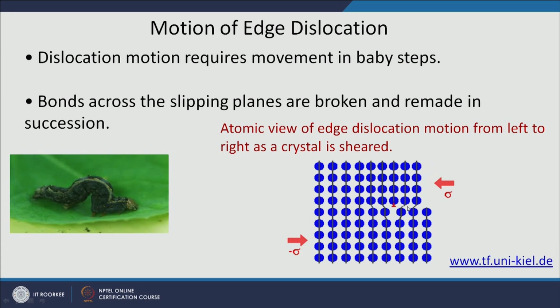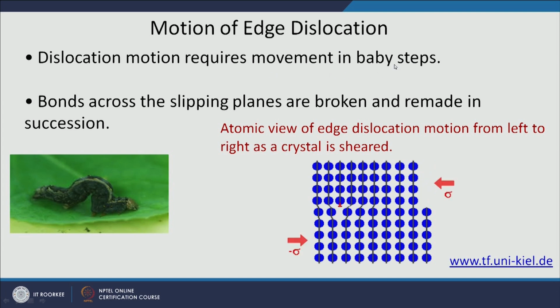So, you create this and then you create the step at the end. Instead of one big step, we are creating this step by small baby steps one by one. And this will require much less force than what is required if I slide all the atoms together.